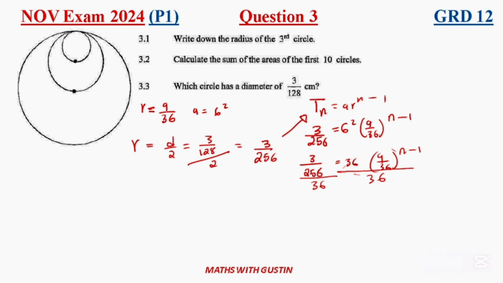Or we can say that all divided by 36. This one and this one goes out, so we're going to be left with 3/256 multiplied by 1/36 in this case. Yeah, so this side we're going to have 9/36 to the n minus 1. This is looking a bit messy. I'm not sure if I did the right thing.